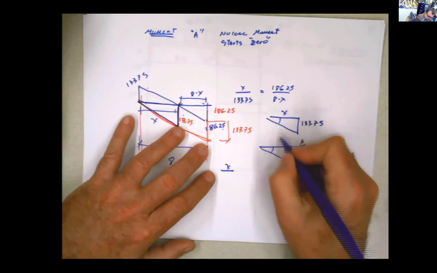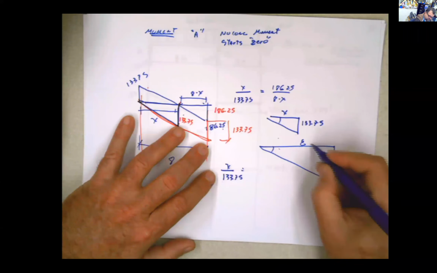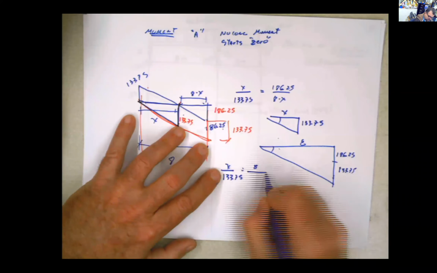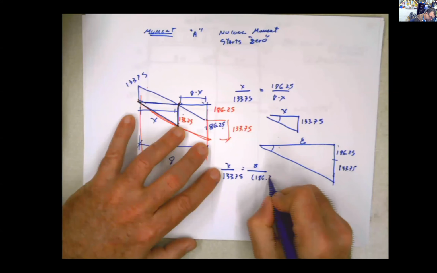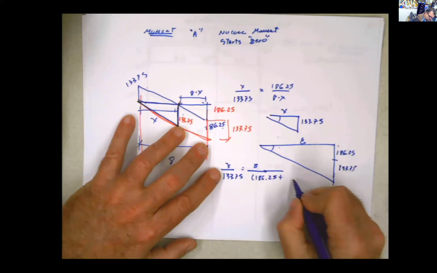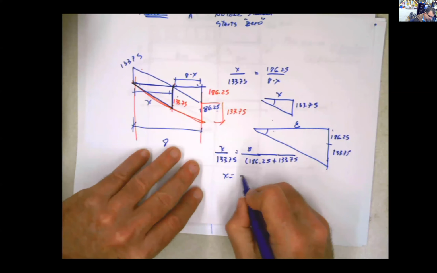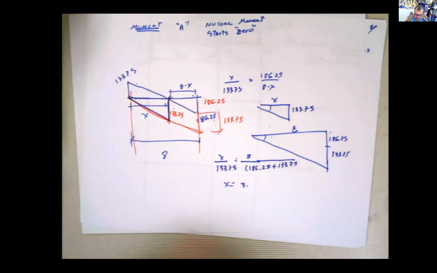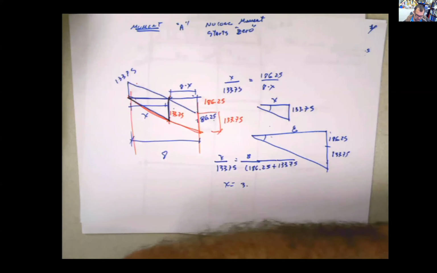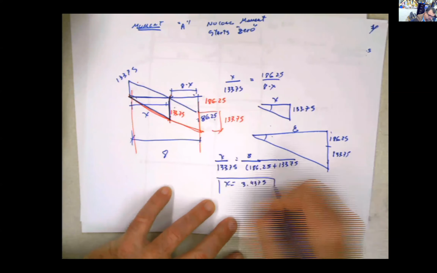X is the tangent of this angle is what I'm actually comparing. 133.75 is to 8 as 186.25 plus 133.75. And then you solve for x, and your x is going to be equal to 3.4 something. We did it before, 3.4375. That's the value for x.